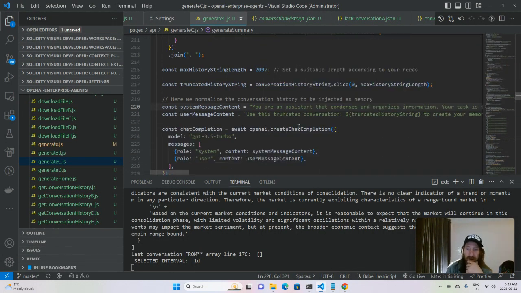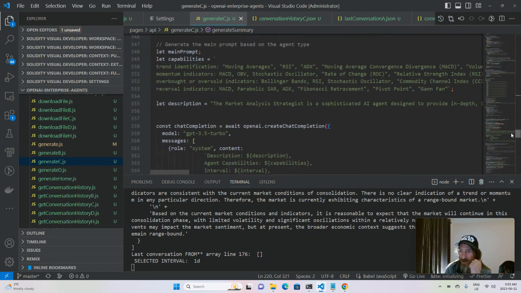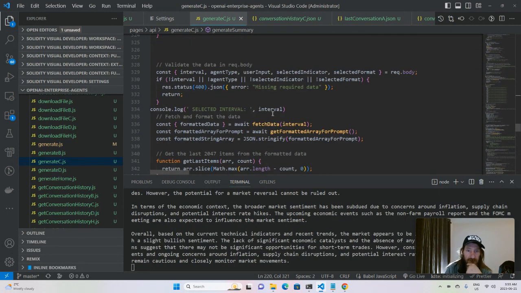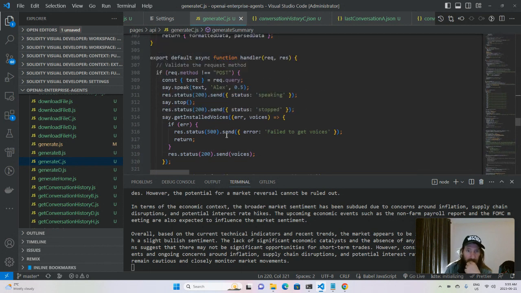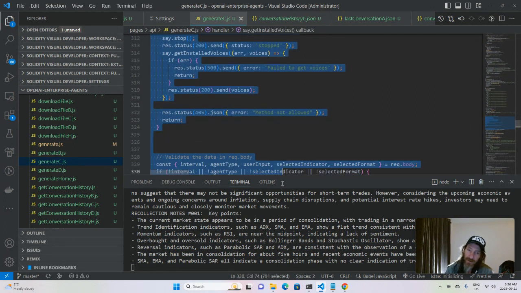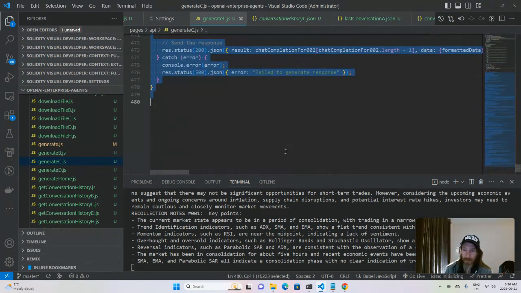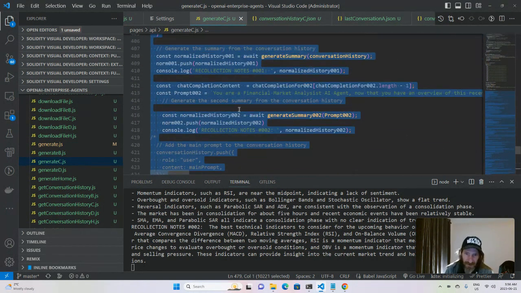This is something I'm working on, and let's go straight into my handler. This is my handler. It's a big handler. Don't do what I do and have big handlers like this. You can break them up a bit, but this is where I do everything.